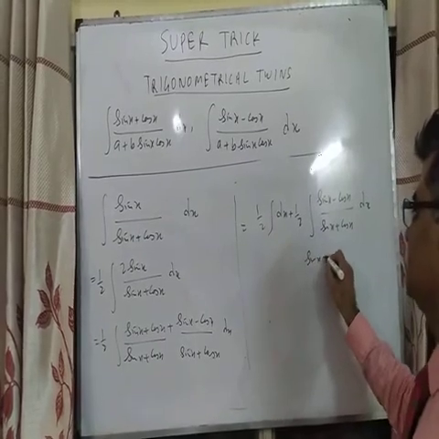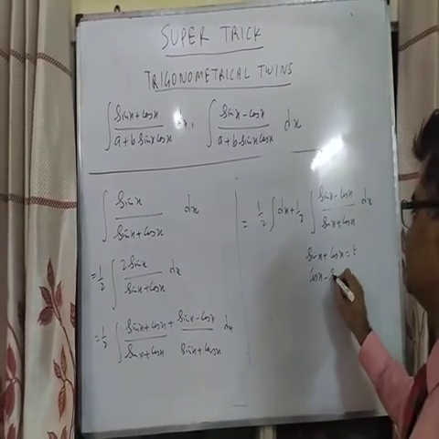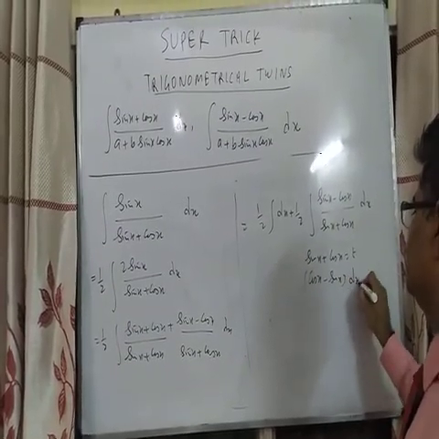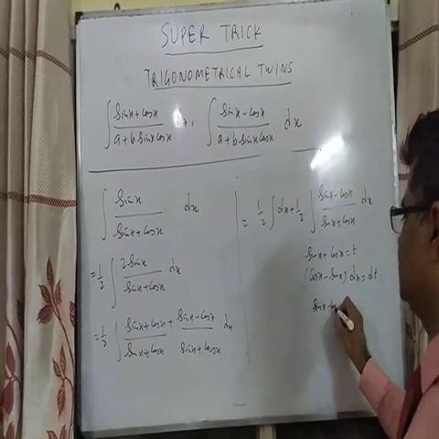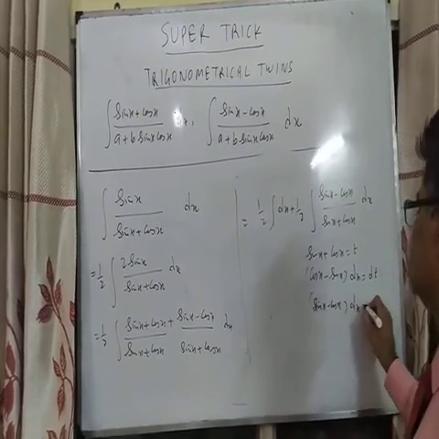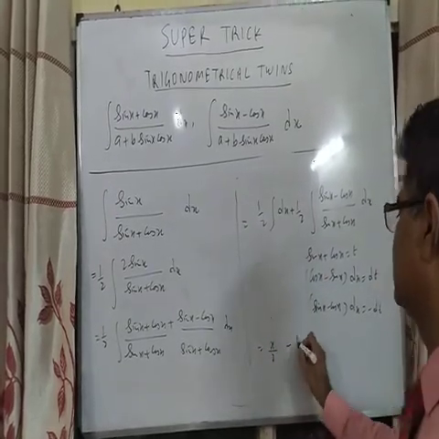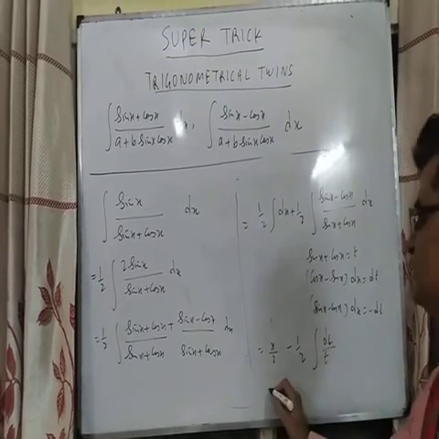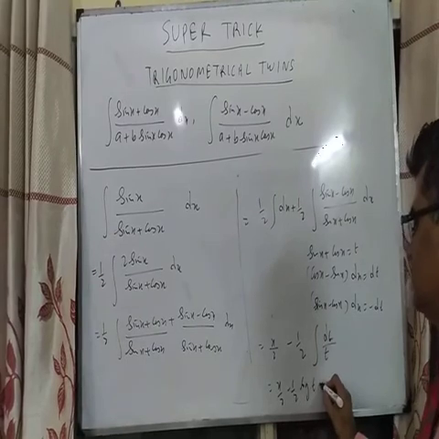Now take sin x plus cos x as t. So you will find cos x minus sin x dx is equal to dt, so sin x minus cos x dx is equal to minus dt. Now we can see how we are going to solve this problem. Dt upon t, so it is nothing but x by 2 minus 1 by 2 log t plus c.